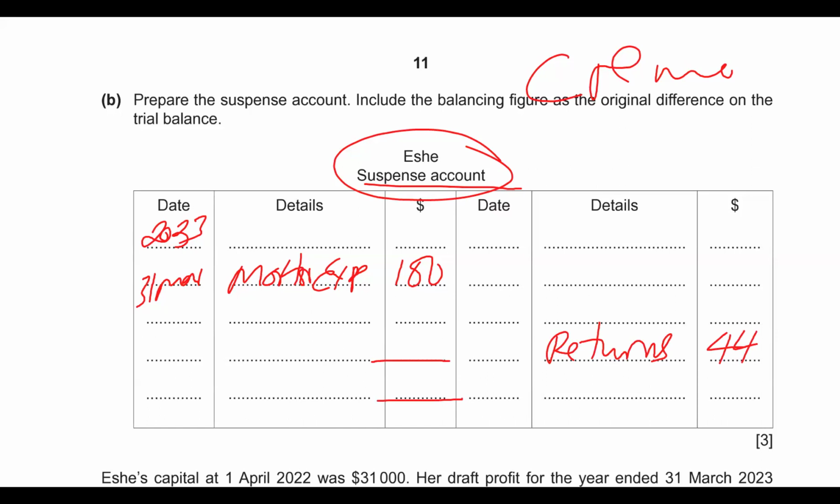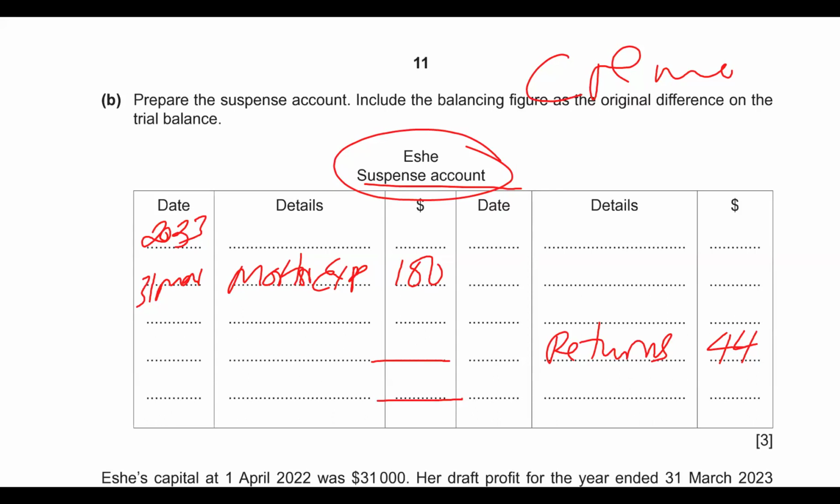I'm trying to say that you look at the transactions that involve the suspense account when you first do the journal entries. So when you looked at the returns inward transaction, it involved the suspense account being credited, right? You debited the returns inward because the transaction was saying that you had omitted a transaction in the returns inward.